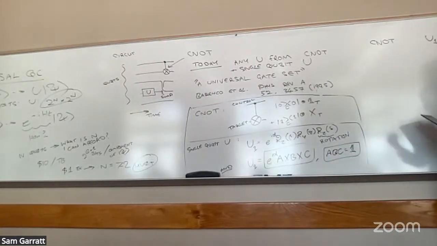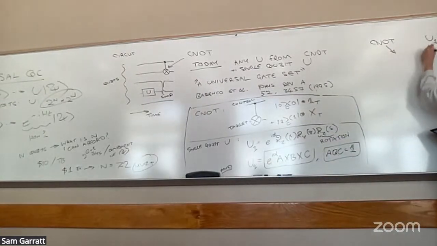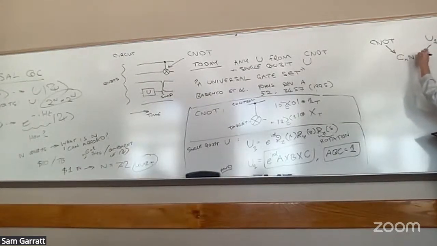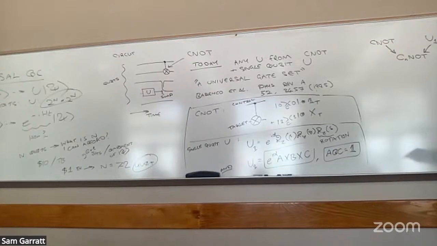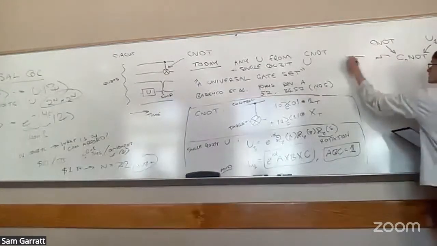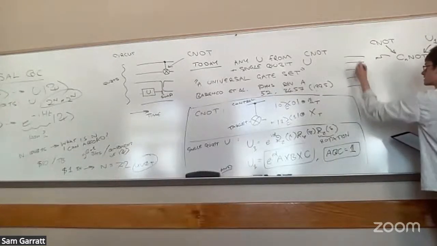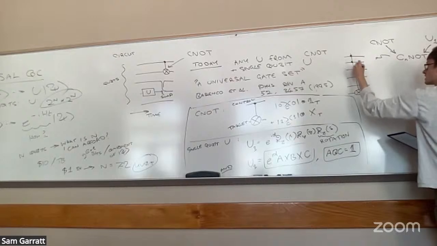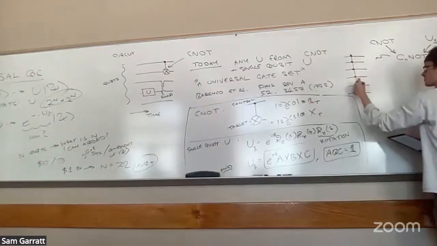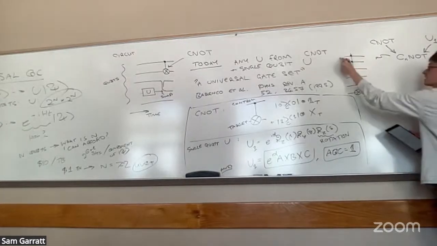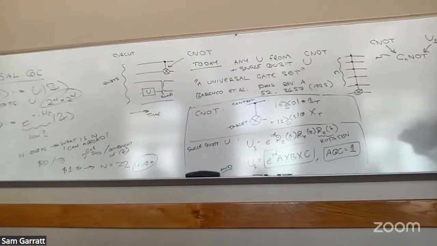We're going to combine these things into what I'll call C^n NOT, a multi-control operation. What C^n NOT does is like a bunch of if statements, right? It's an n-qubit controlled NOT.